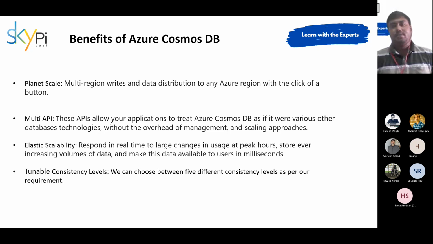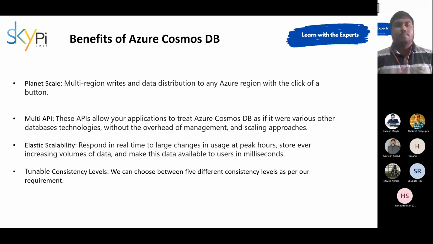We can see where the users are coming from and allocate if there are any Azure data centers available in that space. That is a very useful feature, and we can do it just by the click of a button. We can just go to the map and select which region we want to deploy, and it will do all the work for us, like replicating all the data and deploying the database there.